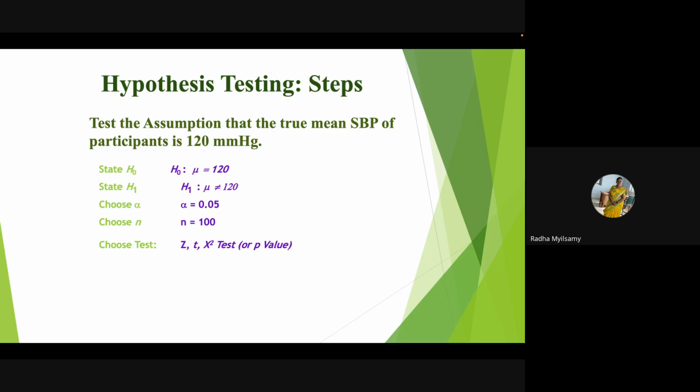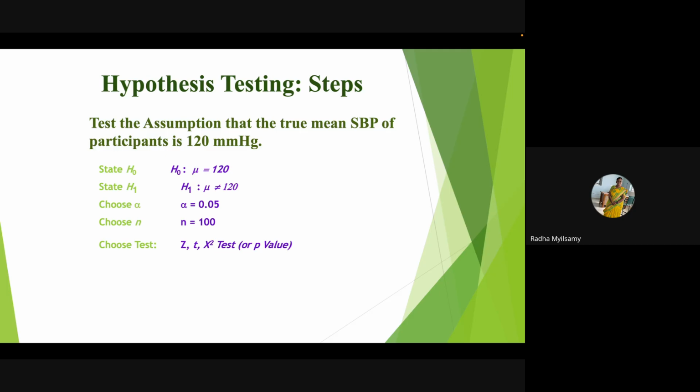Apart from that, based on the nature of the test, we have some other assumptions. So before doing any parametric test, we need to test these two things. There are tests available to test these two things. If these two assumptions are okay, we may go with the parametric test, or else we may go with the non-parametric test.